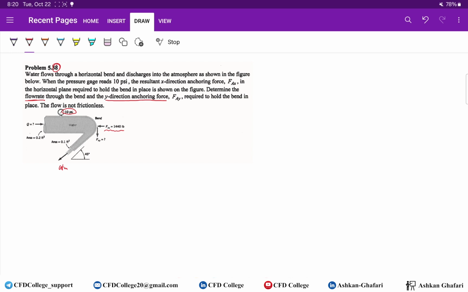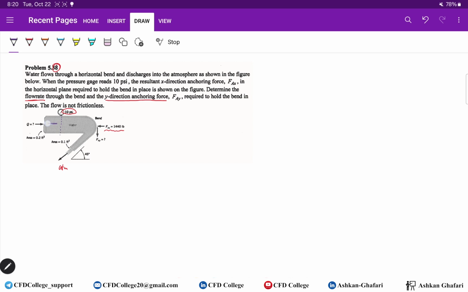As you know if you have seen that video, the first step is to define the control volume. So this is the control volume we should use. As I mentioned in tutorial 7, the control surface should be perpendicular to the flow.